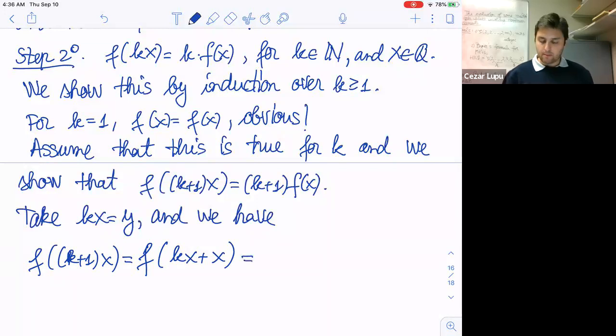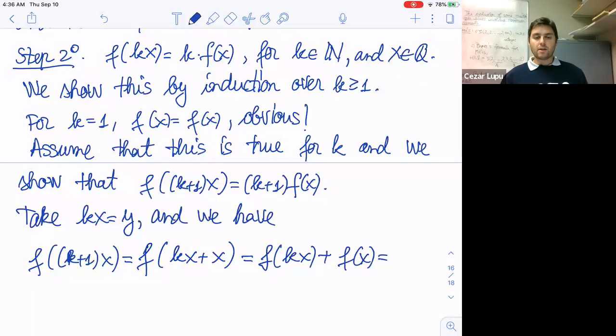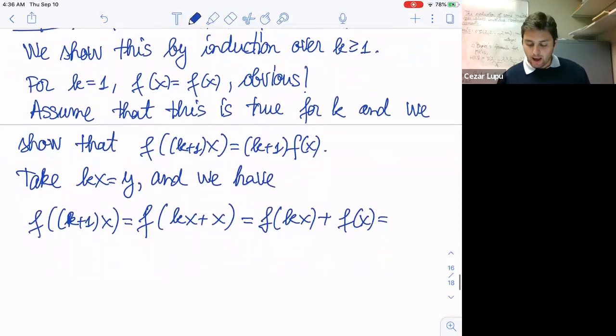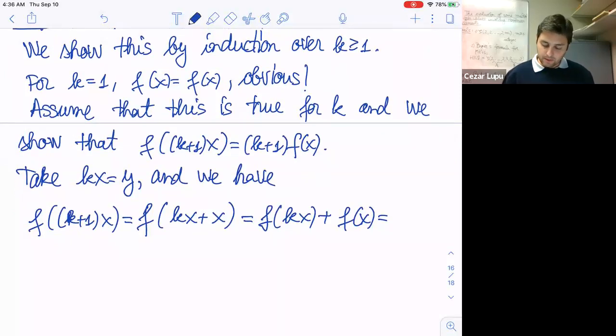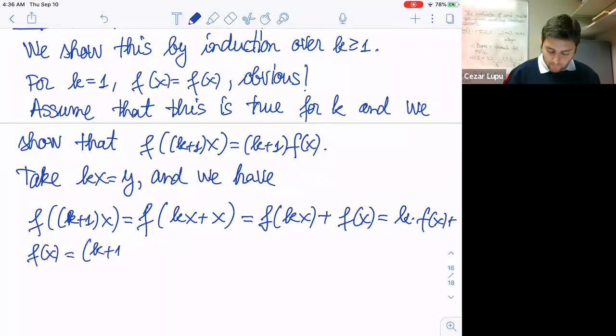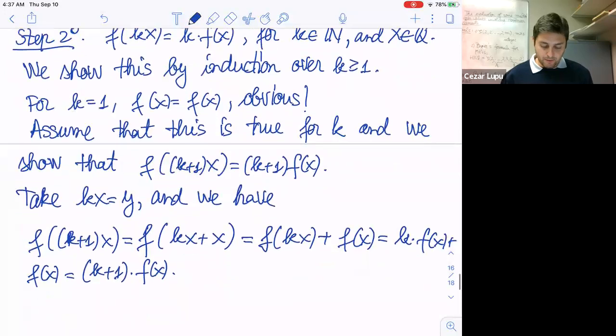And now I'm going to use the given equation. We know that f is additive, so this would be f of kx plus f of x, right? But by the induction hypothesis, I know that f of kx is nothing else than just k f of x, plus f of x, which is nothing else than just k plus 1 times f of x, which is exactly what we wanted to prove. Okay, great. So this is step 2.